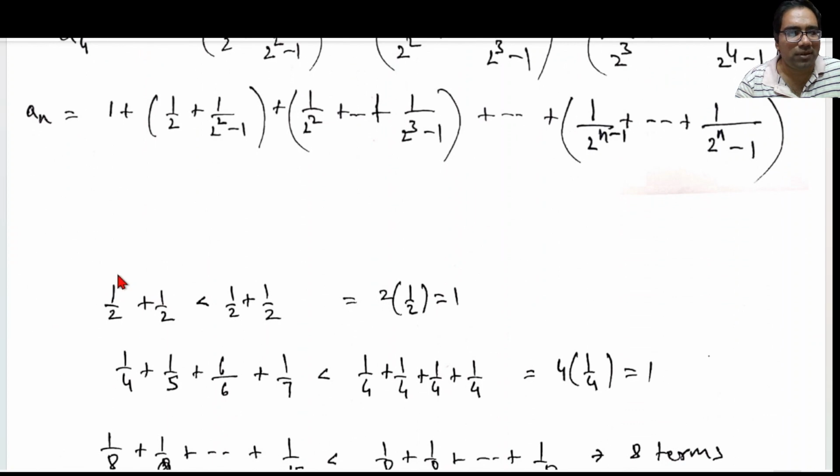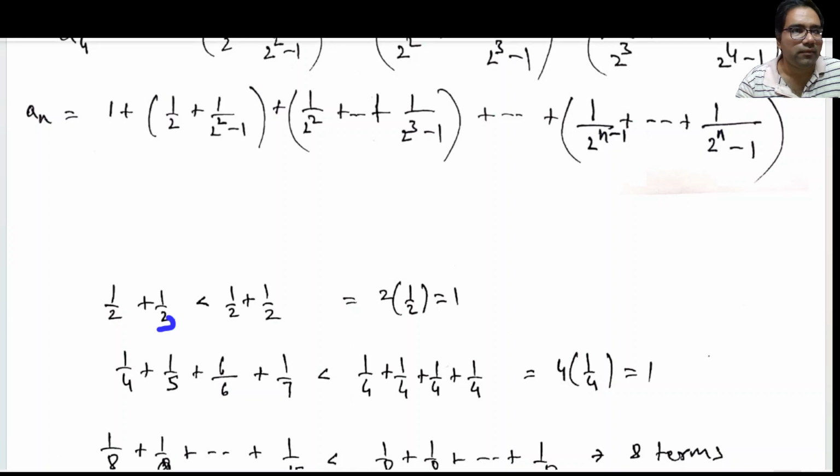Sorry, there is a typo here, this is 1 by 3. Half plus 1 by 3 versus half plus half. Half plus 1 by 3 is less than half plus half, which is actually equal to 1.